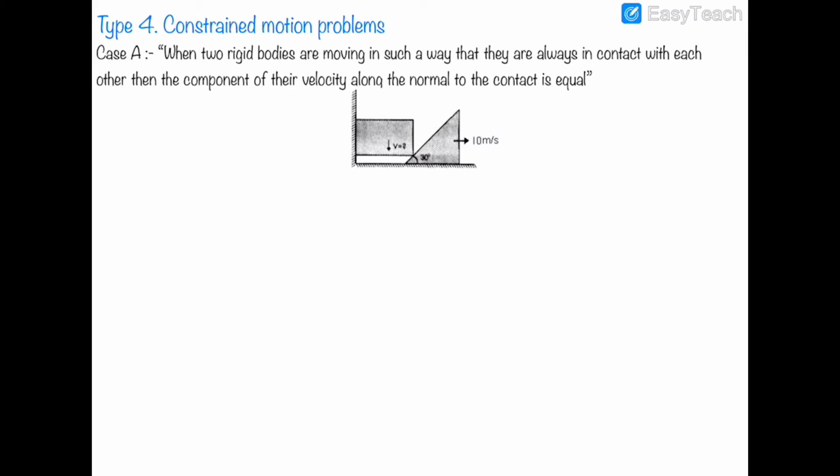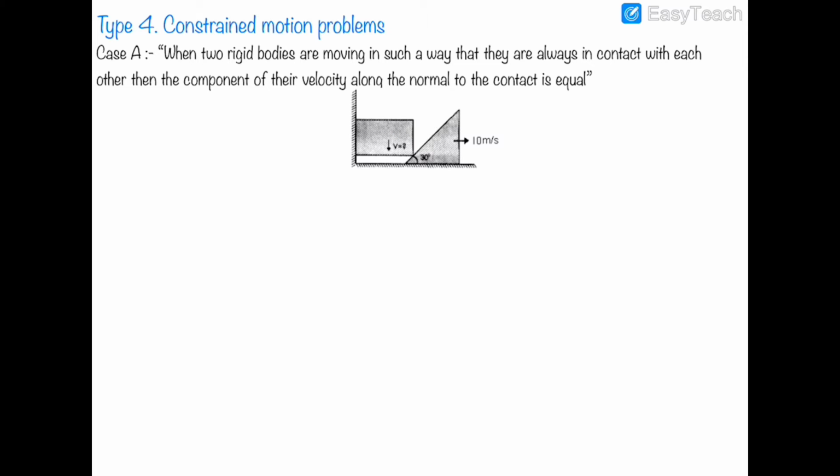So you can see that at this instant they are in contact with each other, and it will remain in contact till this reaches the floor. Okay, so now we have to find out the velocity of this rectangular block at this instant only, and at this instant, and before this instant, and after that instant, they will remain in contact with each other.